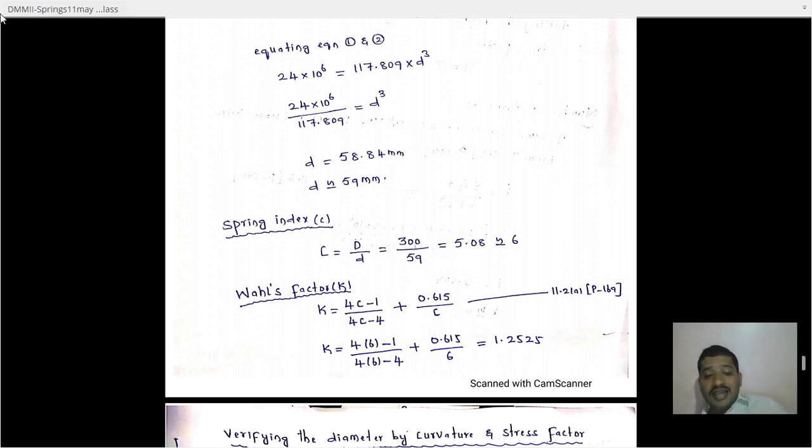After getting the spring index value, you need to find out the value of Wahl's factor. To find Wahl's factor, use the formula K equals (4C minus 1) divided by (4C minus 4) plus 0.615 by C. Refer to equation number 11.2a, page number 169.